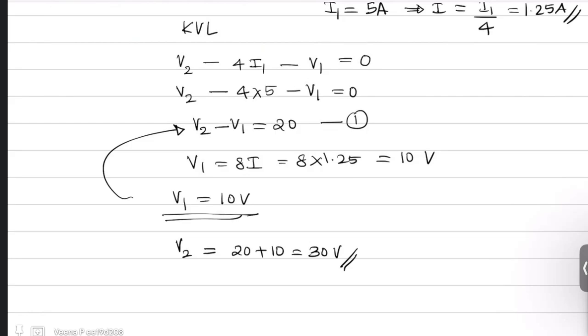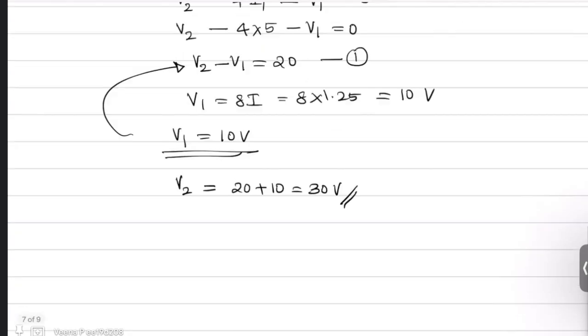So you got your V1 and V2. So this problem is an application of Kirchhoff's voltage law and Kirchhoff's current law. Let us move to the next question.